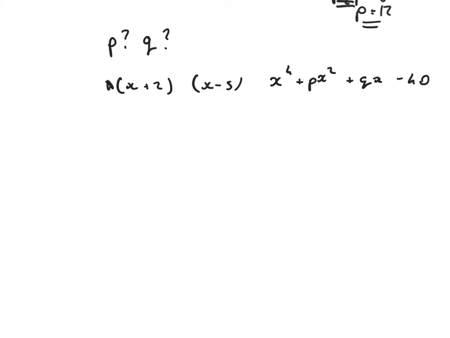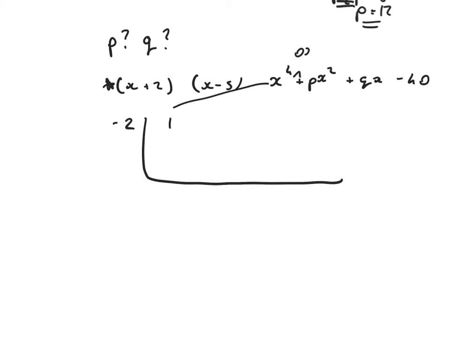Okay, so let's first of all investigate for x plus 2. So that would be minus 2 up at the side. The coefficients then are 1. There is a 0x cubed coefficient. That's 0. p, q, and minus 40.